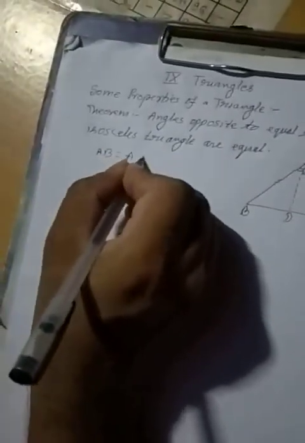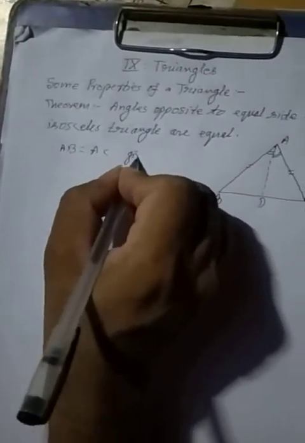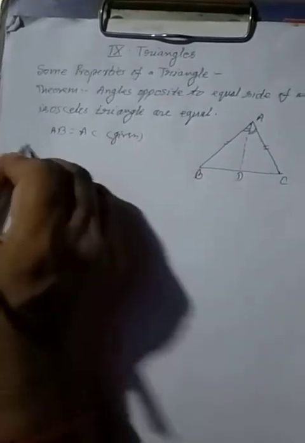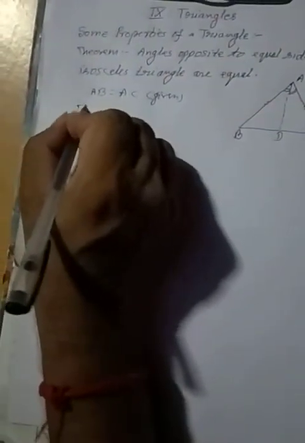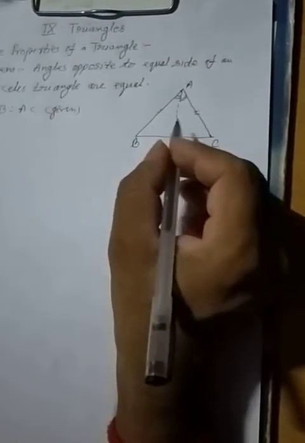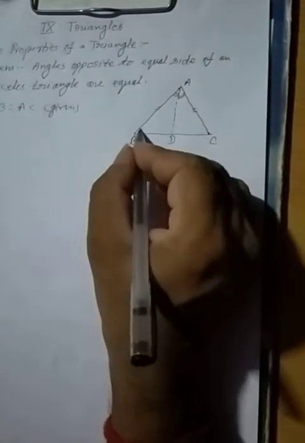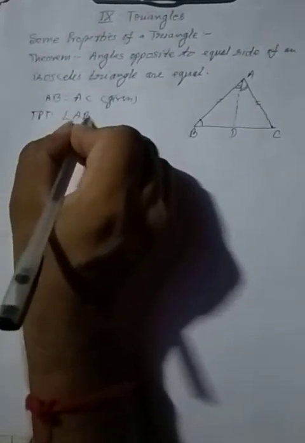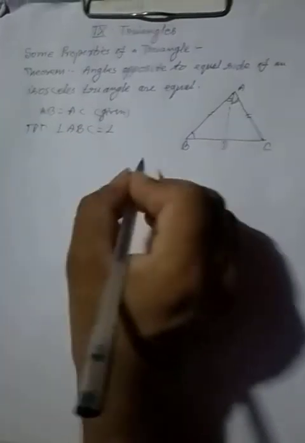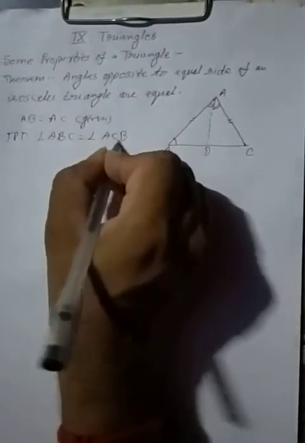This is given. Then to prove that angles opposite to equal sides are equal, that is, angle ABC is equal to angle ACB.